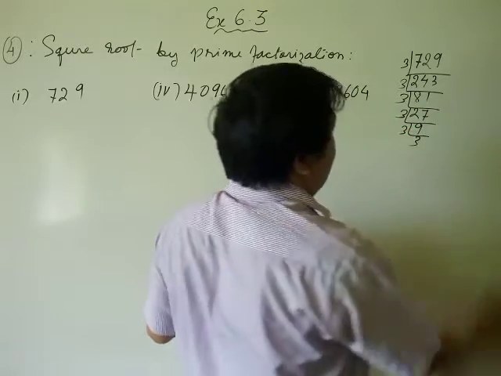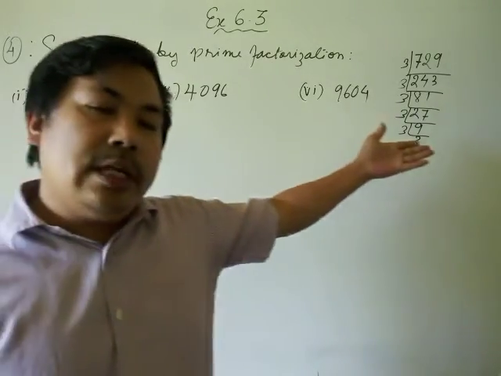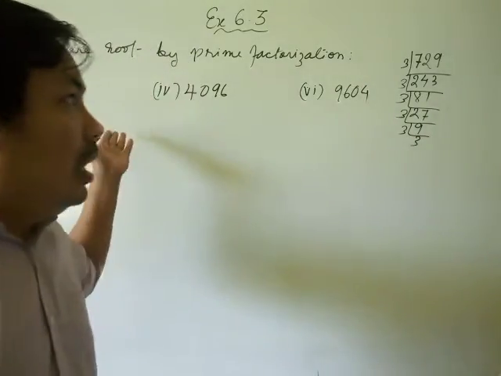So these are the prime factors of this number. We have finished the prime factorization of 729.